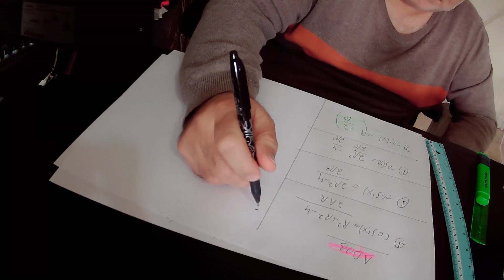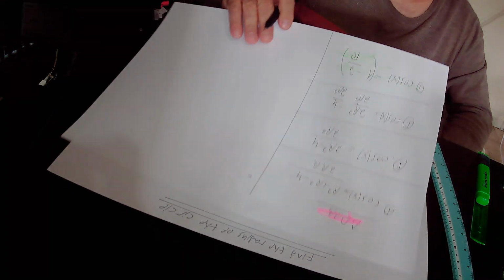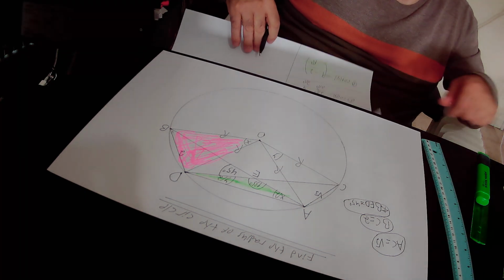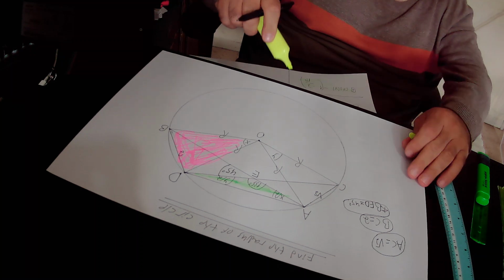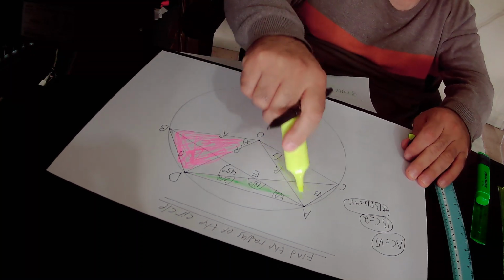In the next step, we implement the law of cosines on the yellow triangle AOC.